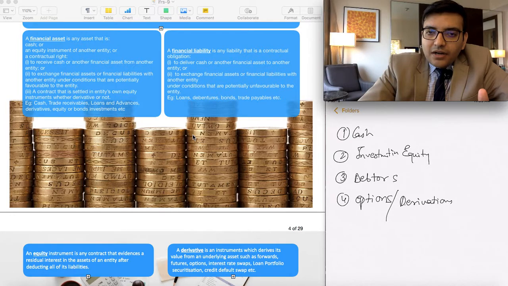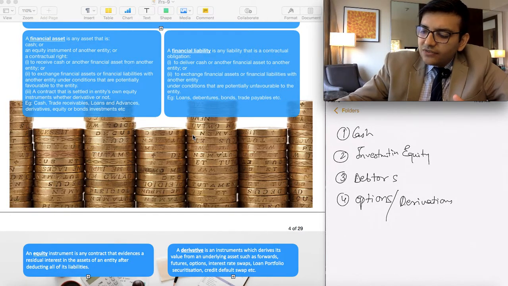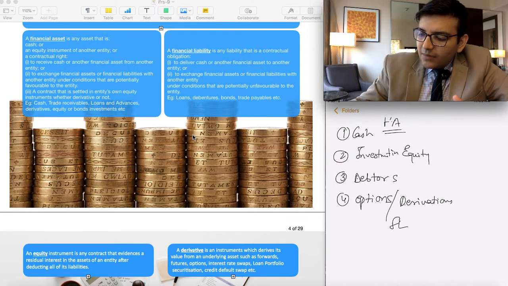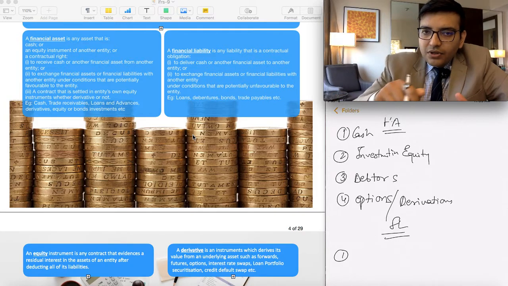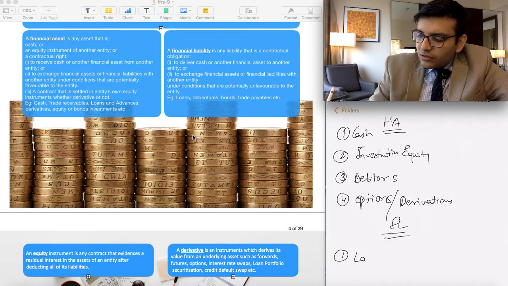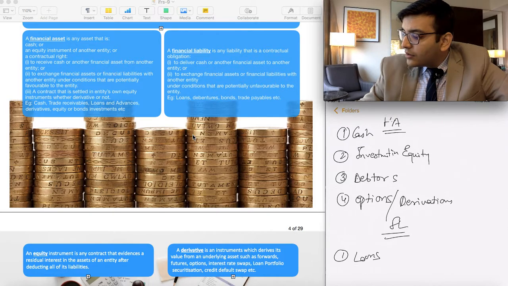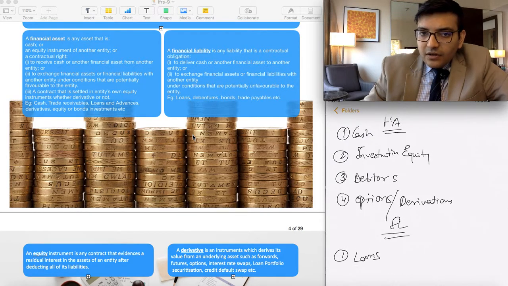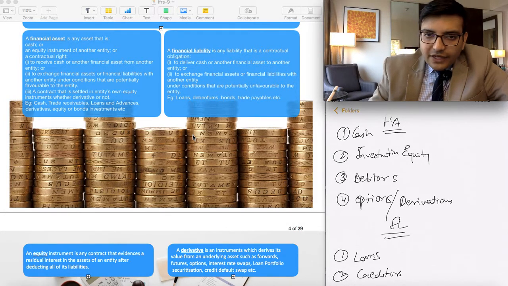Then the next part is what is a financial liability. These were financial assets. Now, financial liability is simple, the same definition goes here: any liability that is a contractual obligation to deliver cash. So any loans for which you have to pay cash, creditors, that is also your financial liability.